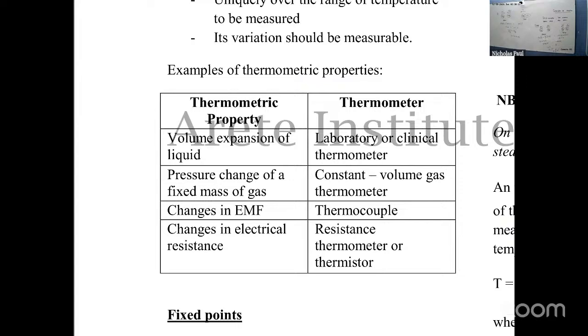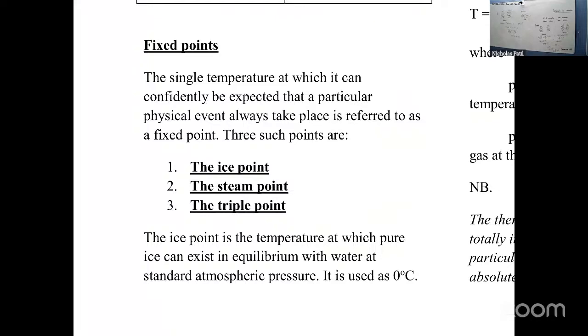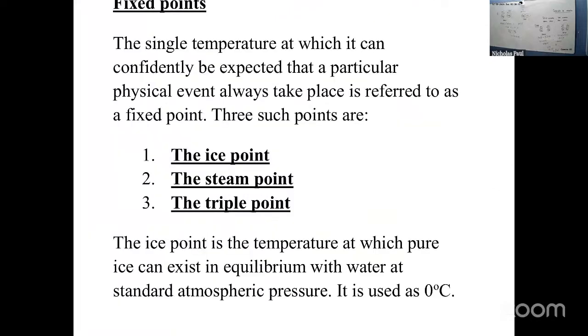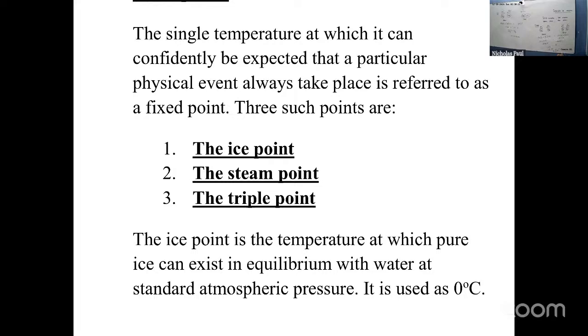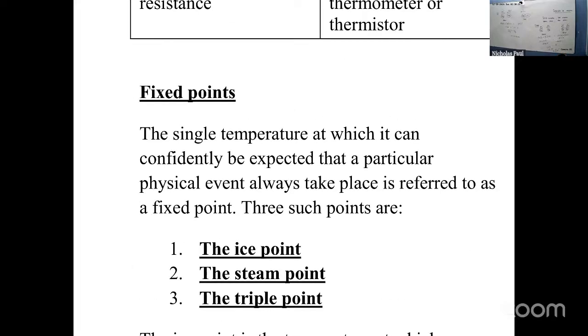These are some fixed points that we have to learn. You should know the first two. Anybody remember the exact definition of the first two? Ice point and steam point. Ice point is 0 degrees Celsius, but what is the full definition?